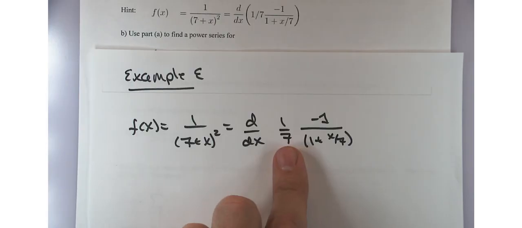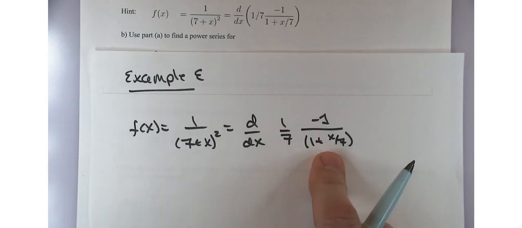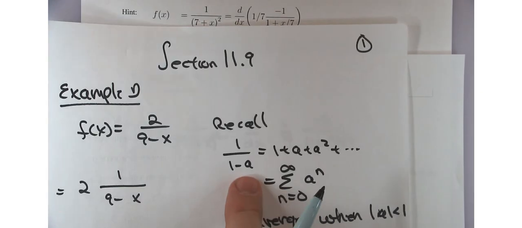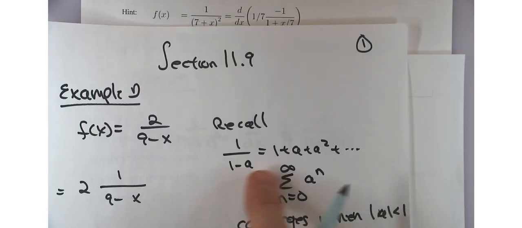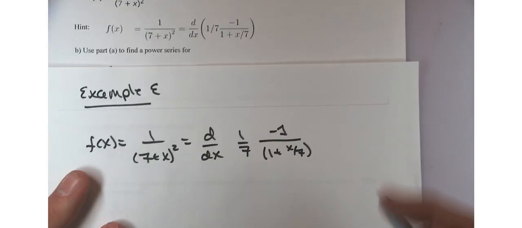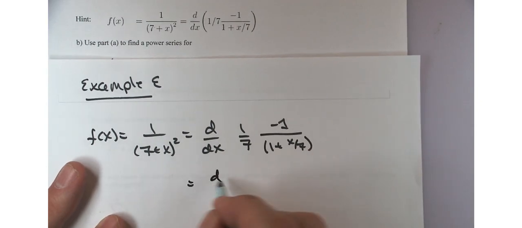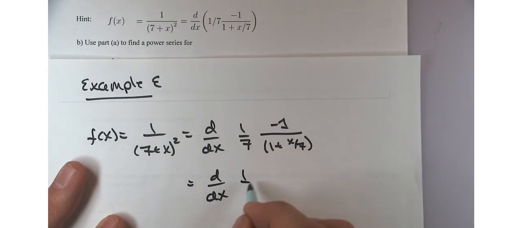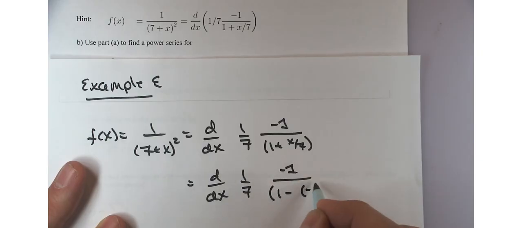Now that 1/7 can factor out. You can play with this a couple different ways. The one series that we have right now is when we have a negative in here. If I put this as a positive, then these terms are going to alternate. Let's rewrite this one more time to kind of make it fit our pattern though. 1 over 7, -1 over 1 minus -x over 7, like that.